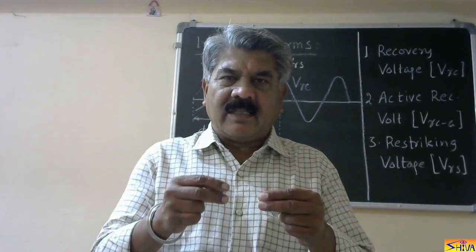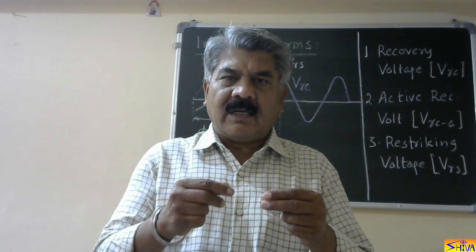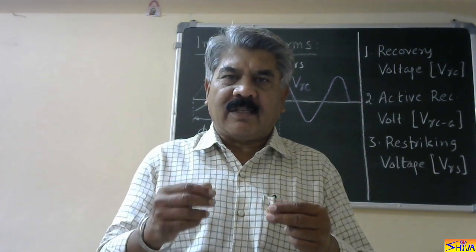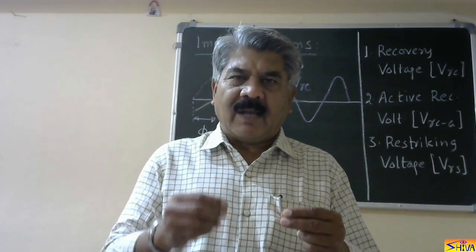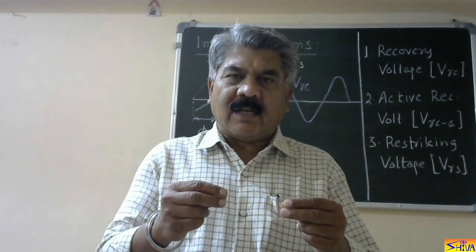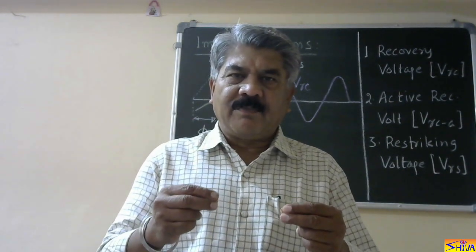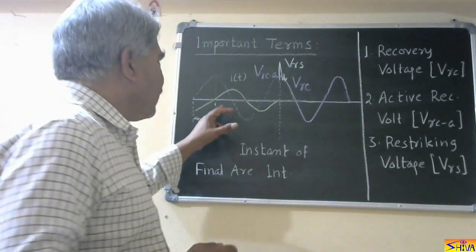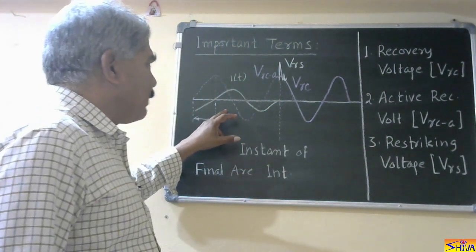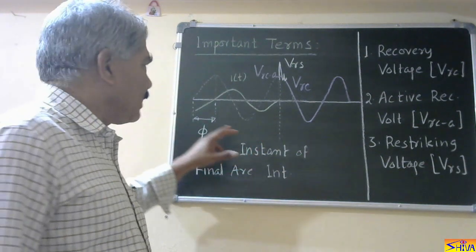As long as this arc is there, current continues to flow, and we cannot say that the fault is isolated. When this arc is interrupted, the two contacts are fully separate and the fault is removed from the system. So with this diagram I will try to explain the different terms associated with the circuit breaker.